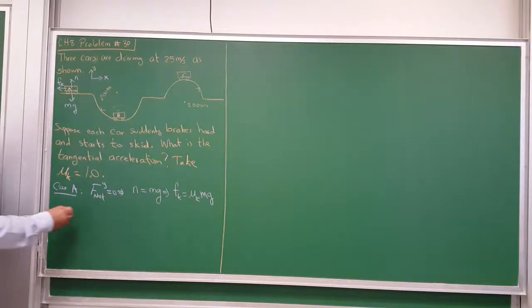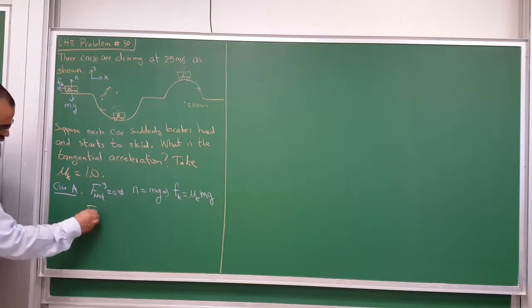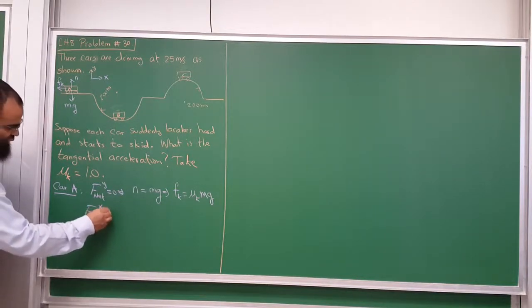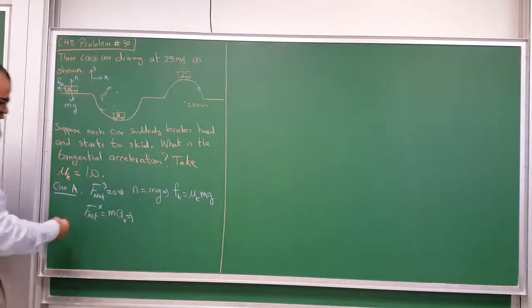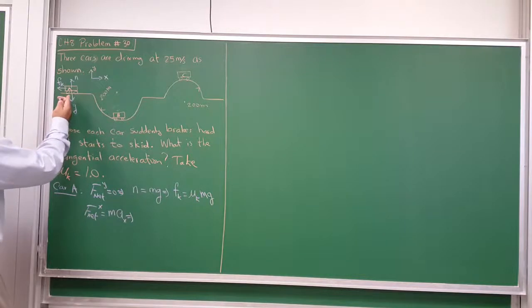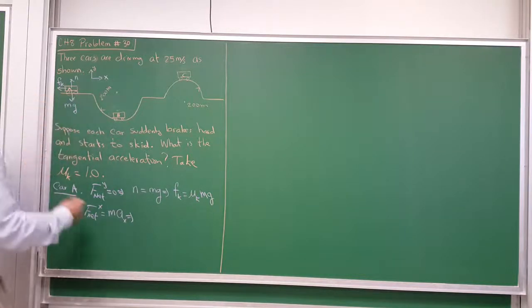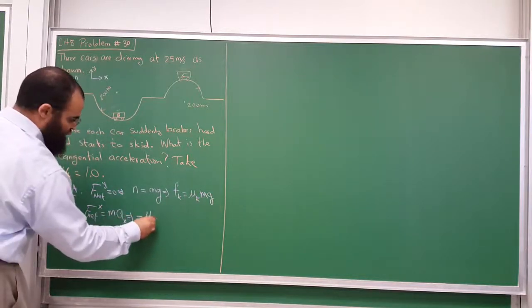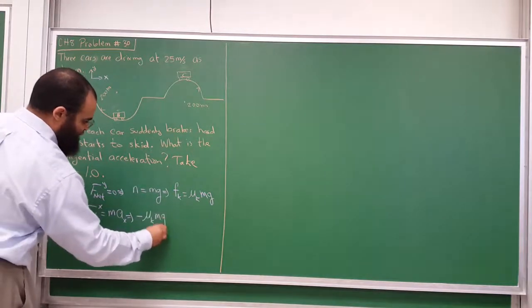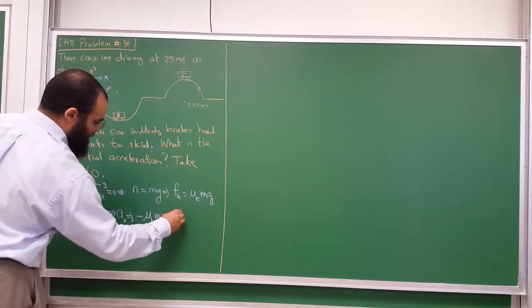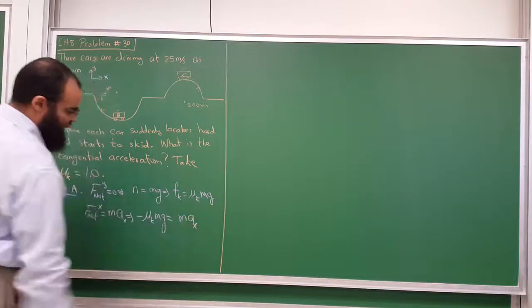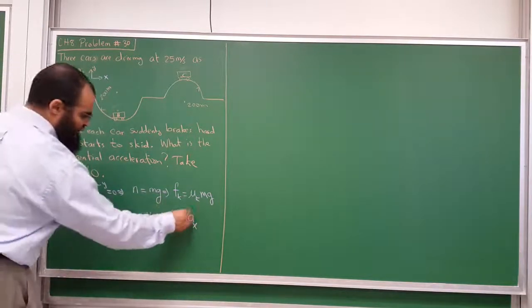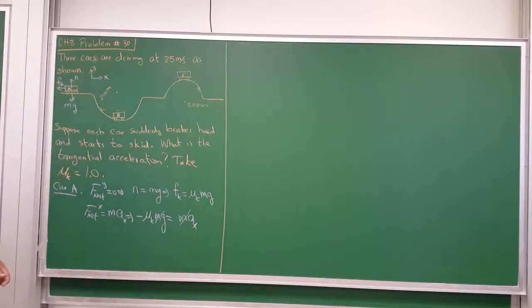And now we know that the net force in the x direction is equal to the mass times the acceleration in the x direction. The net force in the x direction is the force of kinetic friction, and it's this way, so that's negative. So negative mu k times m times g equals the mass times the acceleration in the x direction for car A. The mass cancels. In case you were wondering, they didn't give us the mass, but it didn't matter.